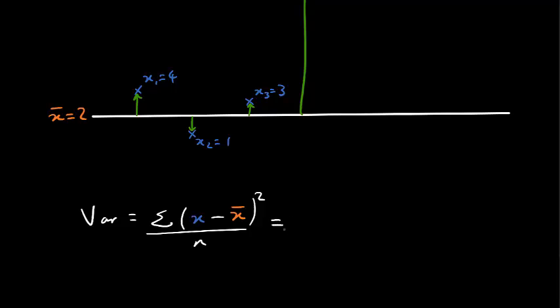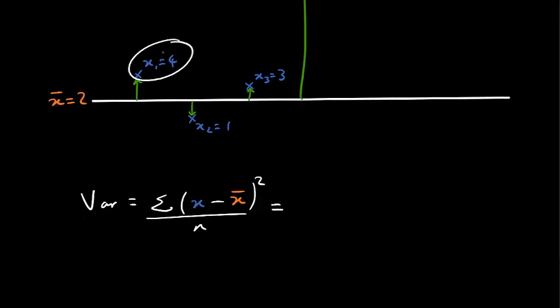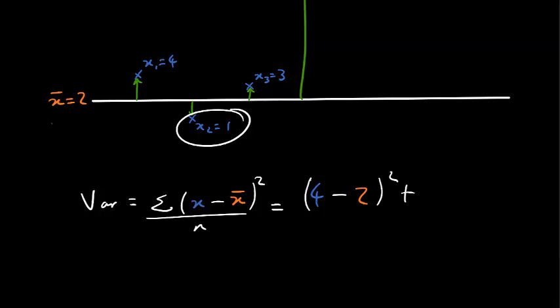So if I just very quickly work this out, my x1 is 4, so I've got 4 minus 2, then I'll end up squaring that. Then I'm adding that to my next distance, which is 1 minus my mean, which is 2, and then I'll end up squaring that.